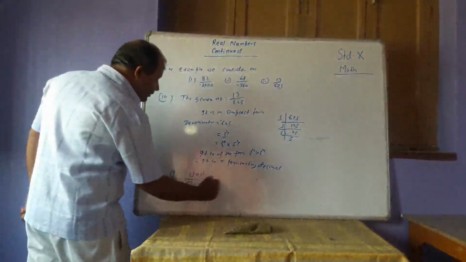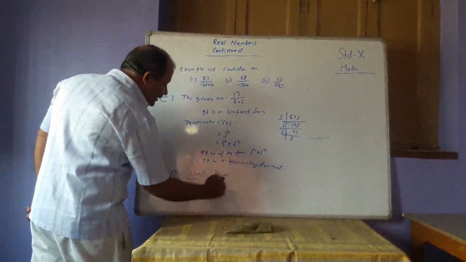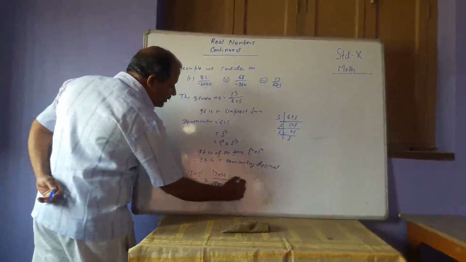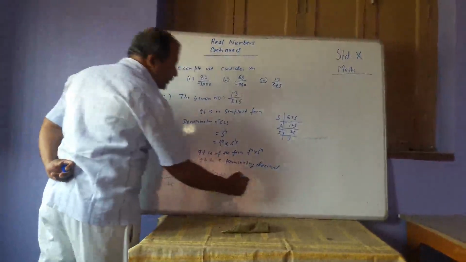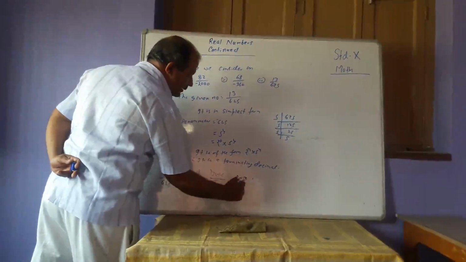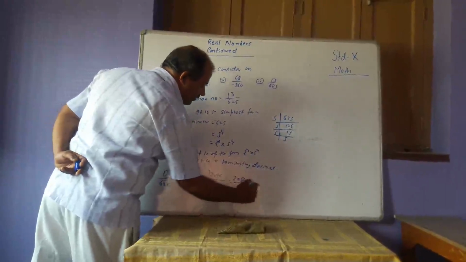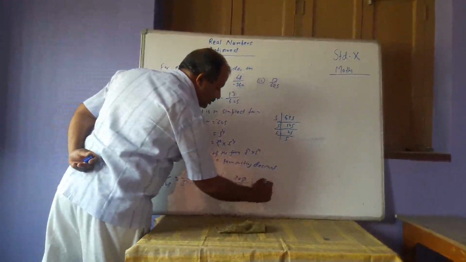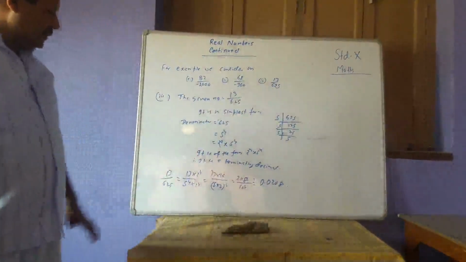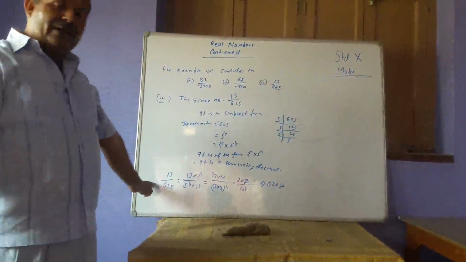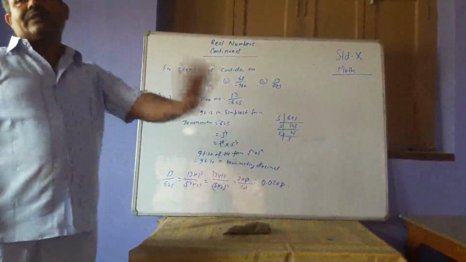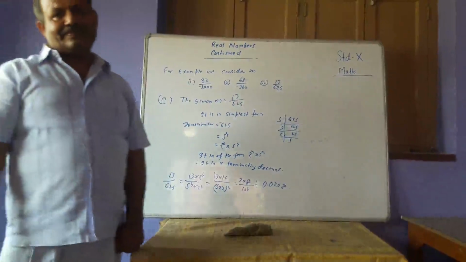It will give 13 into 16 by 5 to the power 4 into 2 to the power 4. 13 times 16 is 208, over 10 to the power 4. This will give 0.0208. In this way, you can find the decimal representation of 13 by 625 without actual division.